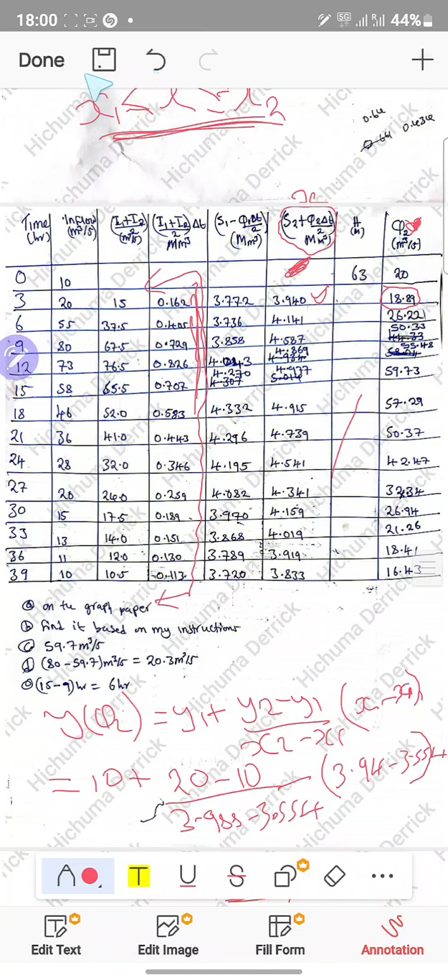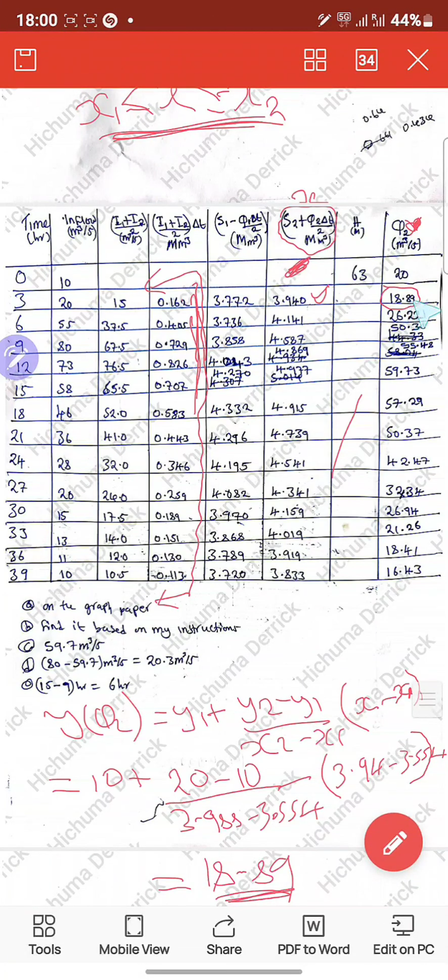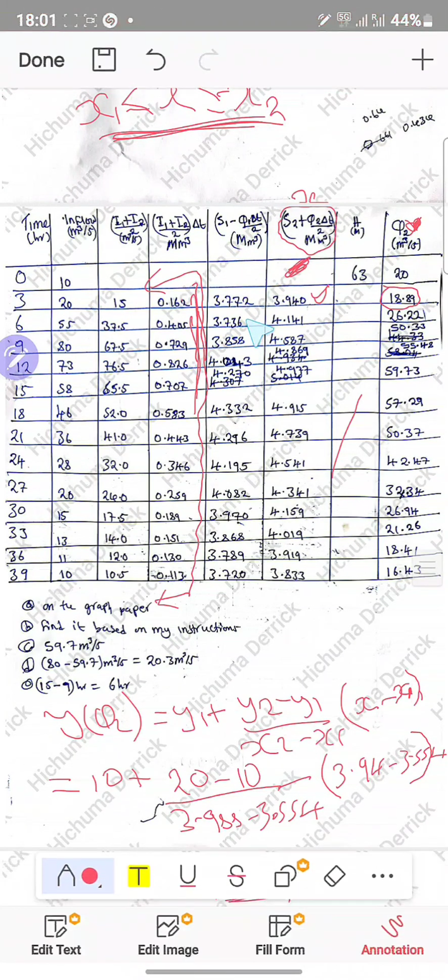Now we have this value here. So now to find the next value of this S1 minus, which is this one, you convert this into million meter cubed.